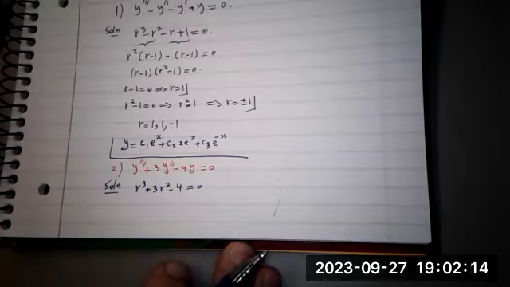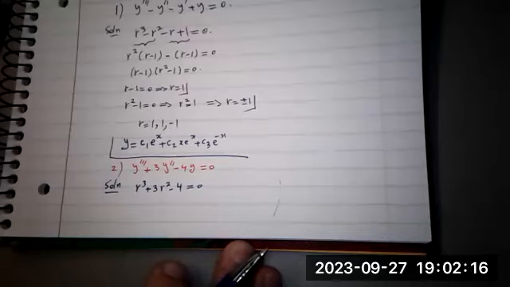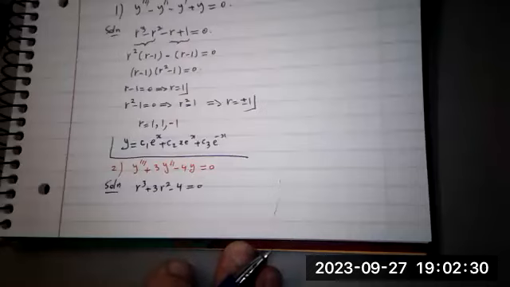You cannot factor out the r in it. Any other idea? Calculator, of course. Divide by... Synthetic division. Rational root theorem.